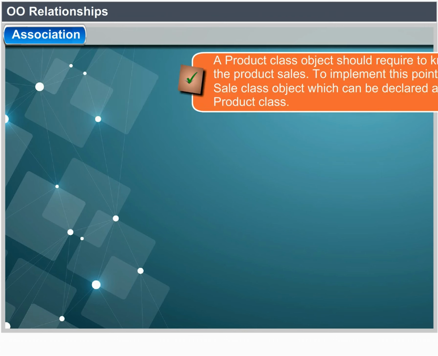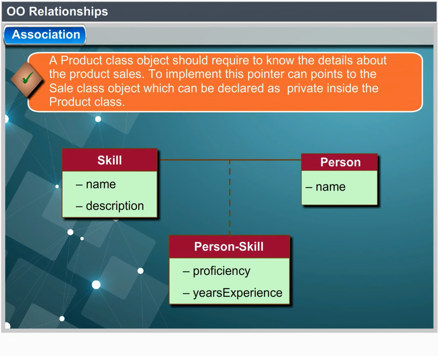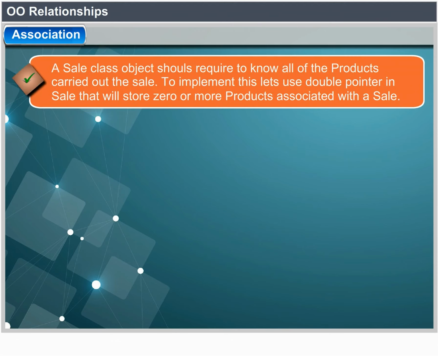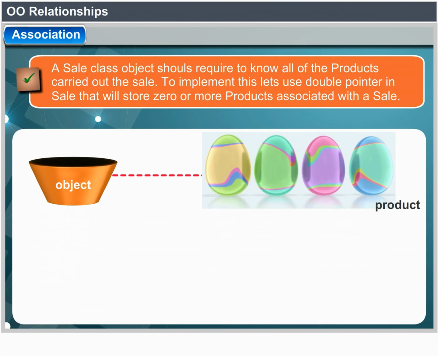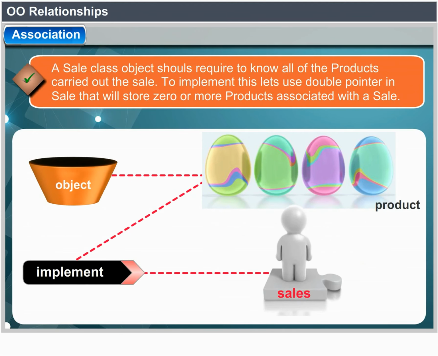A product class object may need to know the last sale that it was involved with. We could put a pointer to a sale class object inside the private section of product. A sale class object may need to know all of the products involved with the sale. We can put a pointer to a pointer, a double pointer, in sale that will let us store zero or more products associated with the sale.